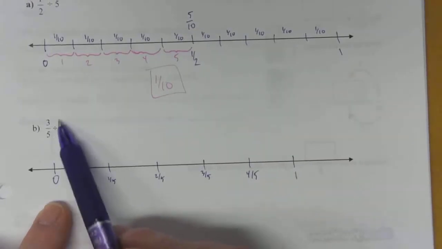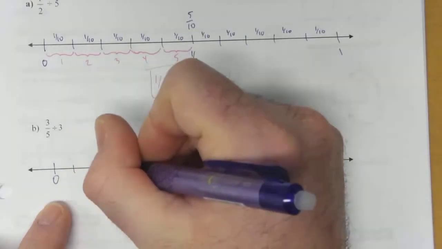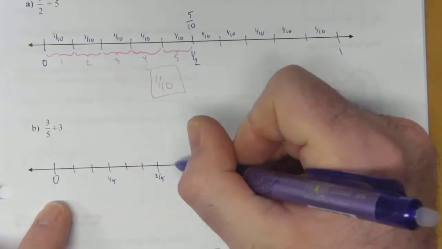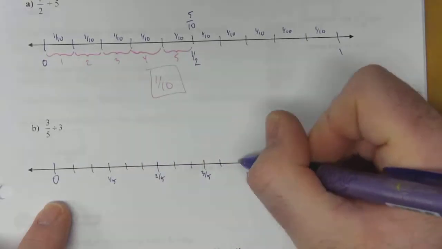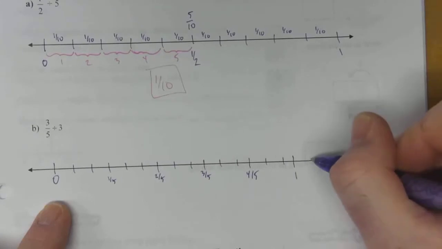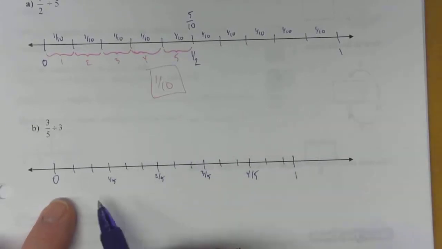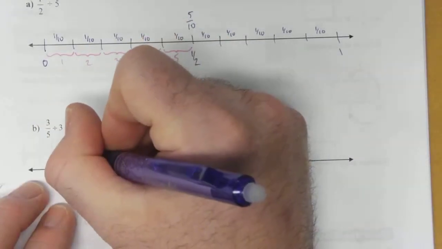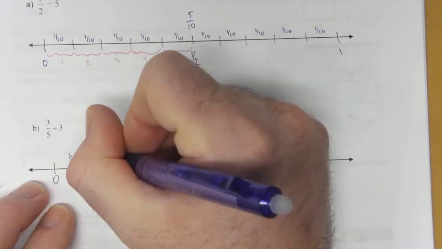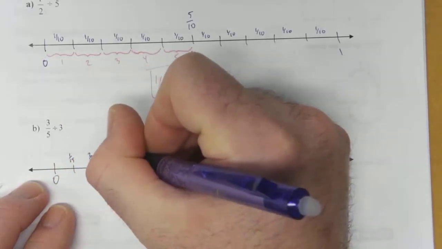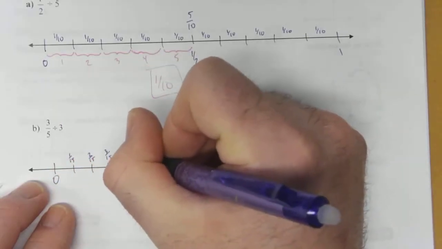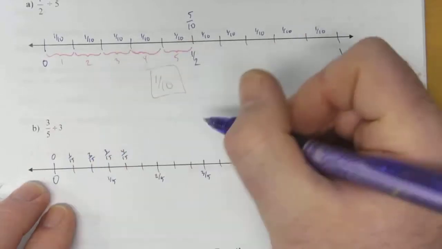Now I need to break each of these into 3 pieces. So now each of these is actually 1/15. And I'm going to label this a little differently this time. That's still 0.